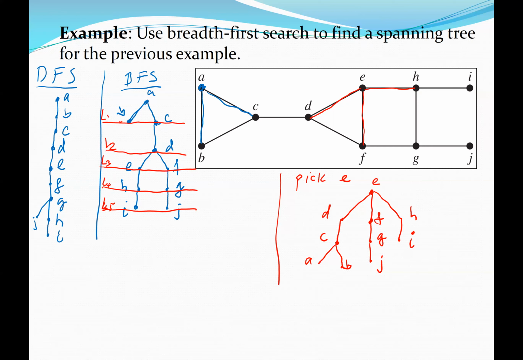That's the difference between depth first search and breadth first search. In breadth first search, you look at one layer at a time, one neighbor at a time, one vertex at a time. That's the idea.